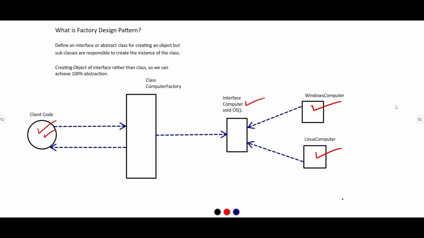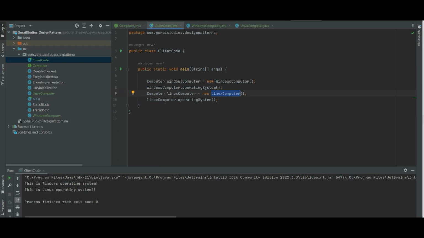Suppose in future you are going to add another class here, something like Mac computer, and that class also implements this interface. Now see here in the code, what is the problem? You need to change your client code also.